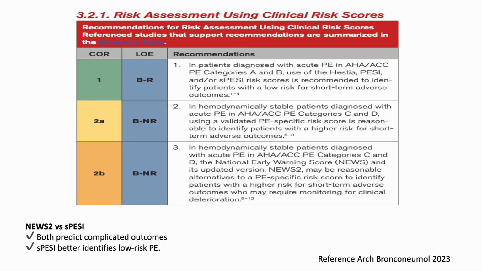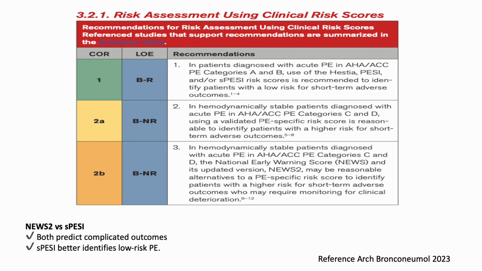For patients who are hemodynamically stable but in category C and D, you must use a validated score, and that is reasonable to identify who is at higher risk of short term adverse outcomes. So, for our patient, she is at a risk of higher adverse outcomes, and that is defined through this recommendation.